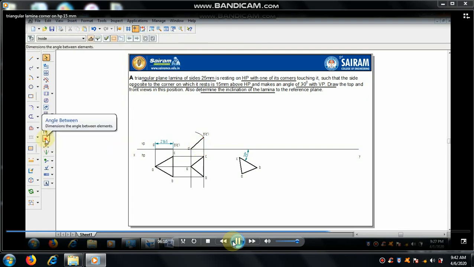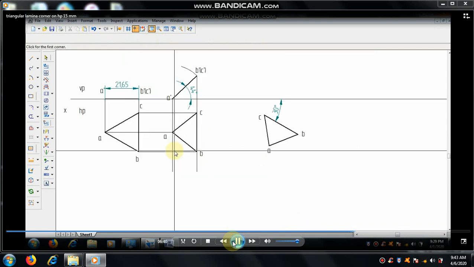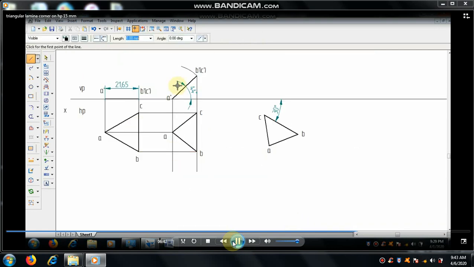The angle over the HP with the reference line, as it actually should be, we have to identify the inclination of the lamina as per the question. So we have to find out the inclination of the lamina with reference to the XY line. If you are not able to see, you can zoom in. That is 44°. Now the projector lines.